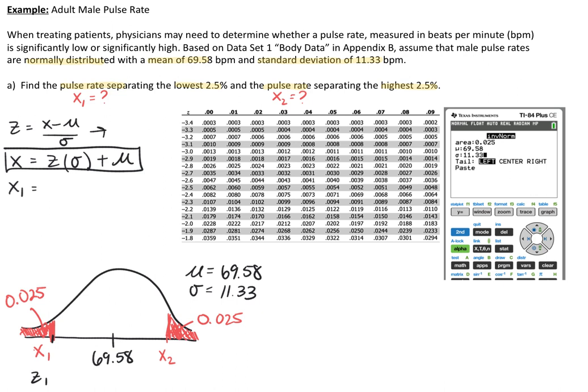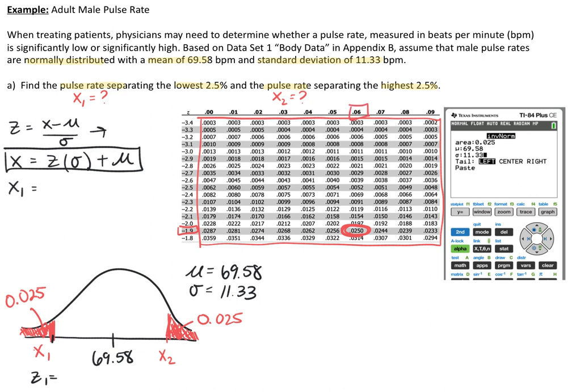And you're going to search the body of the table for a decimal that represents 0.025. The body of the table gives us the area. Hopefully you can follow where I'm circling here on the table. I see an area of 0.025, and it corresponds to a z-score of negative 1.96. So that gives me a z-score.